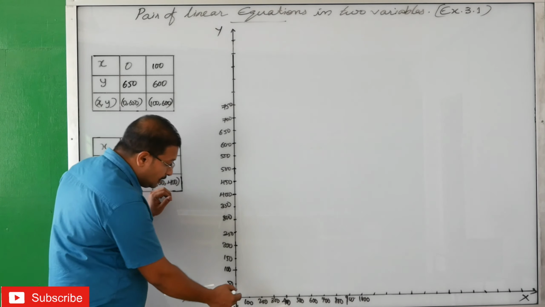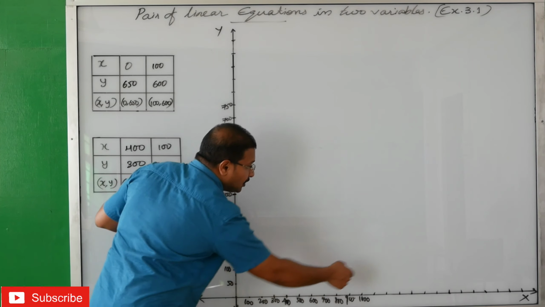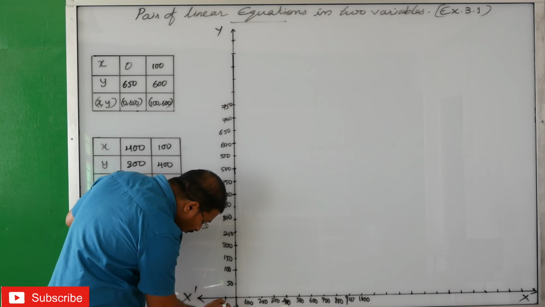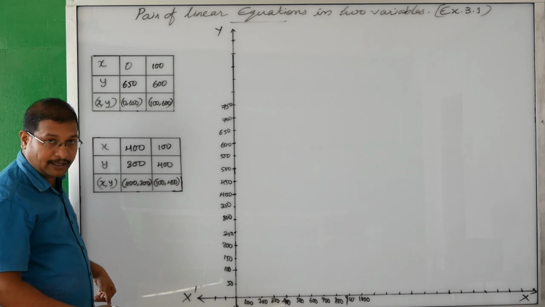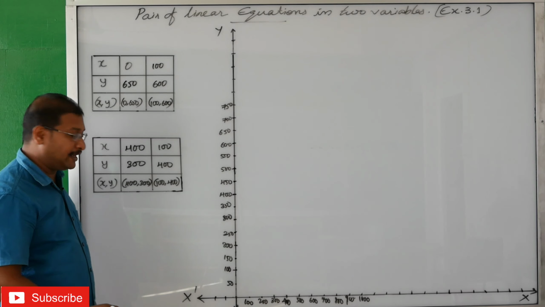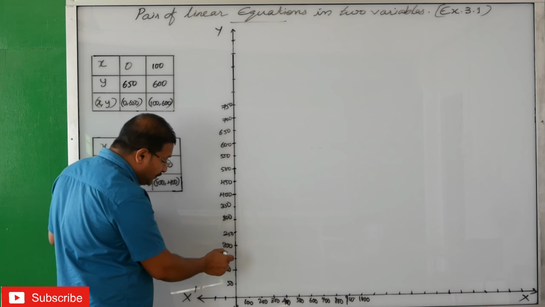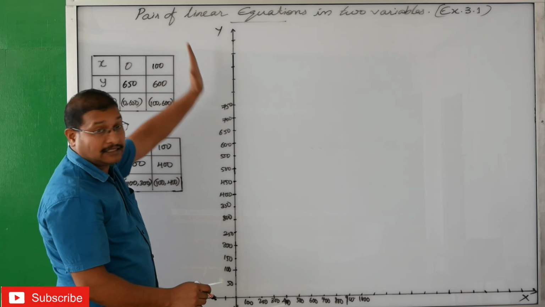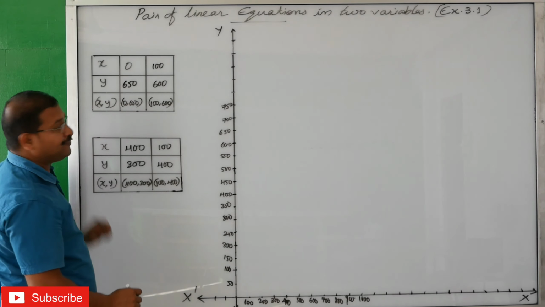So, I am writing here 100, 200, 300, 400, 500, 600, etc. This is x. On this side of course it is negative, but we don't want to use it because negative numbers are not here. Now, upside I am writing 50, 100, 150, 200, 250, 300, it will continue. This is y-axis.